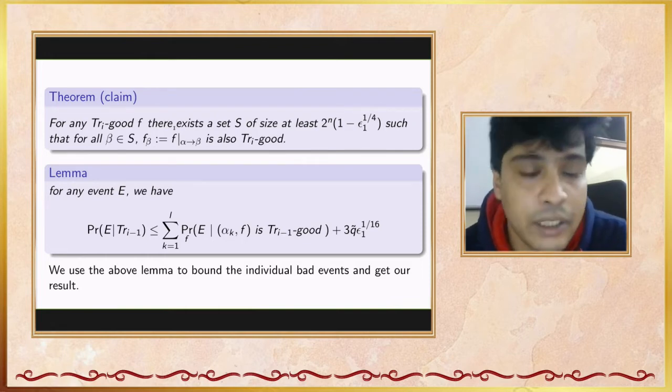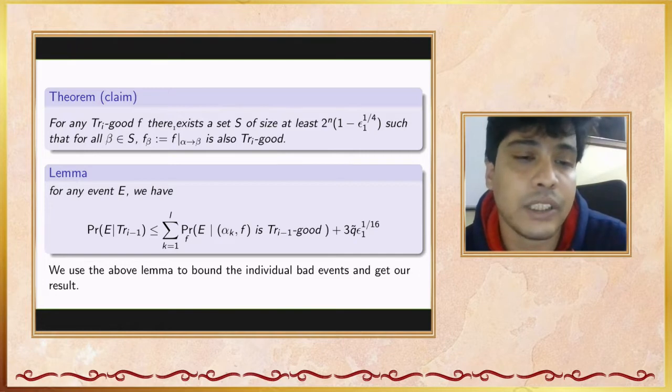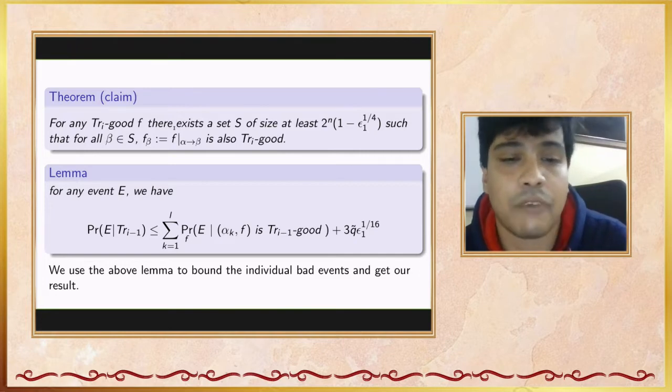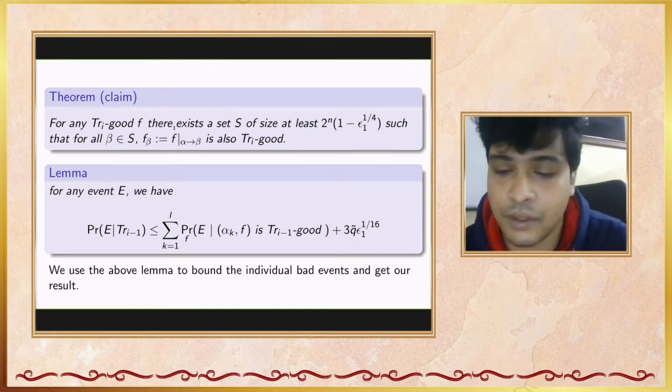Then we replace our bad events, bad 1Ai, bad 2Ai up to bad 2Ci, with E. Using this lemma, we can get the individual bad events, and after that, we sum them up to get our result.